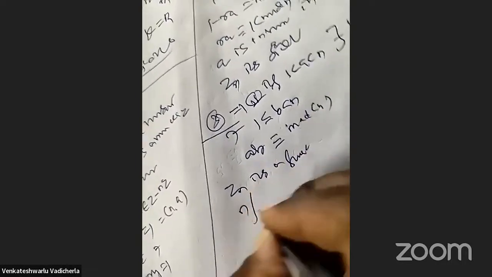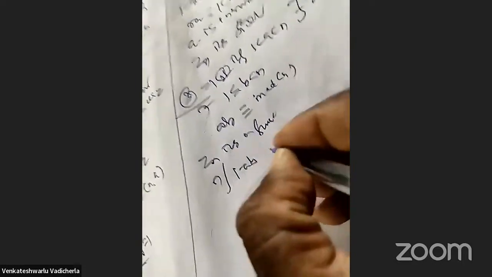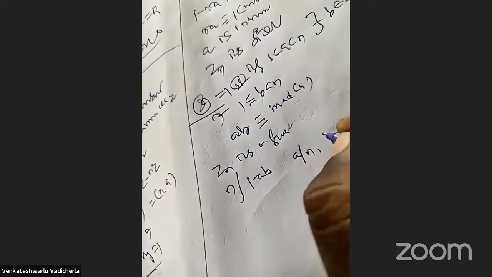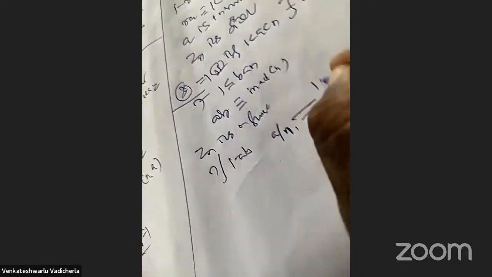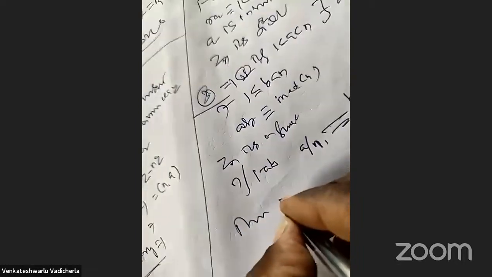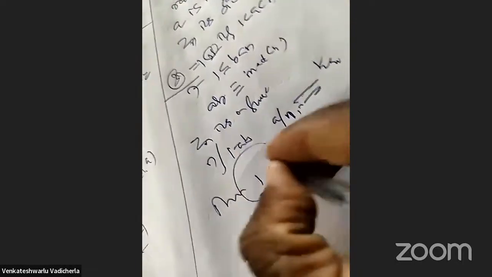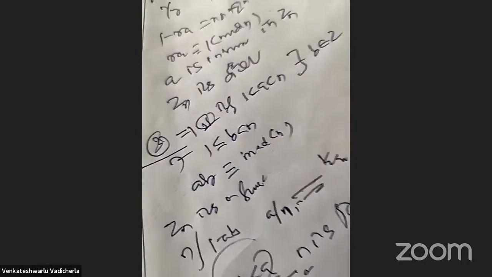So n divides 1 minus ab. Then a divides n, so a divides 1, which is a contradiction. Therefore 1 is less than a is wrong. Therefore n is a prime. This is clear.